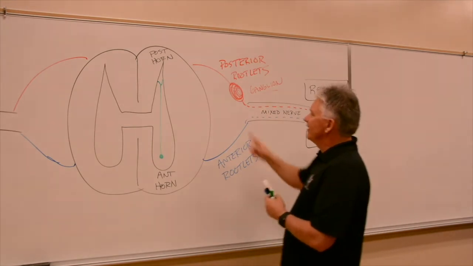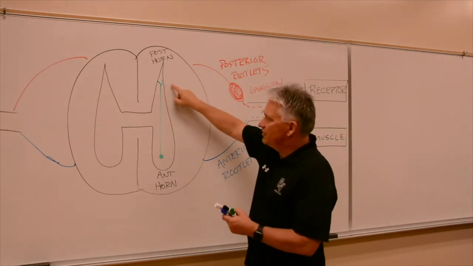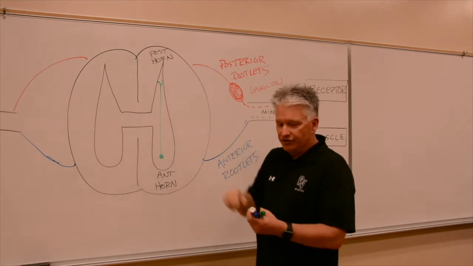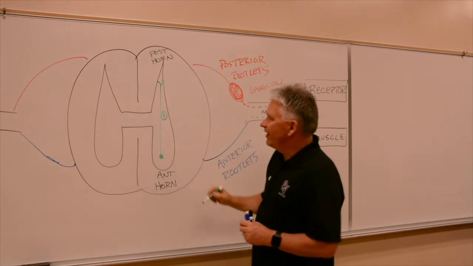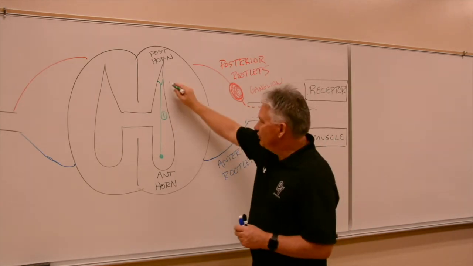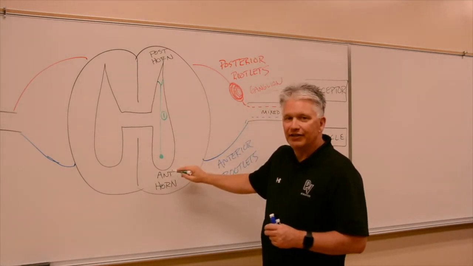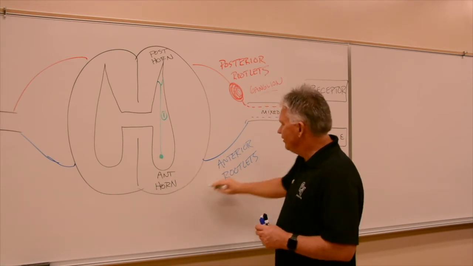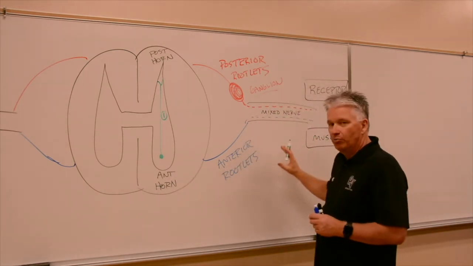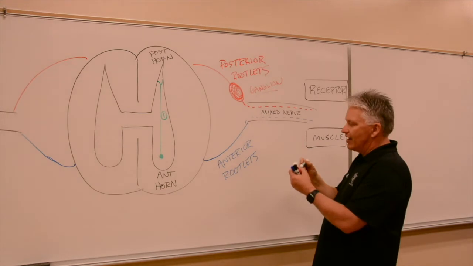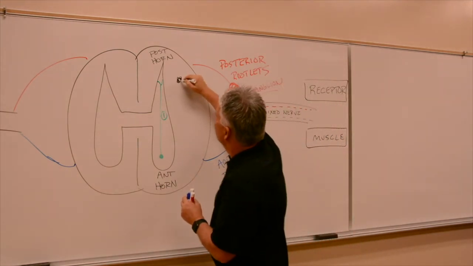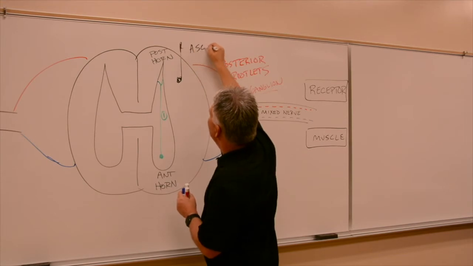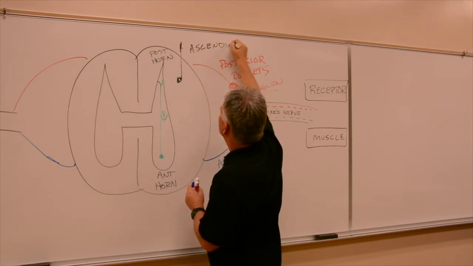Well, when that sensory information comes into the posterior horn, two things are going to happen. Number one, I'm going to jump on that interneuron. I'm going to jump on that connection to the anterior horn so that I initiate a motor output. But at the same time, I'm also going to jump on one of those ascending tracks.